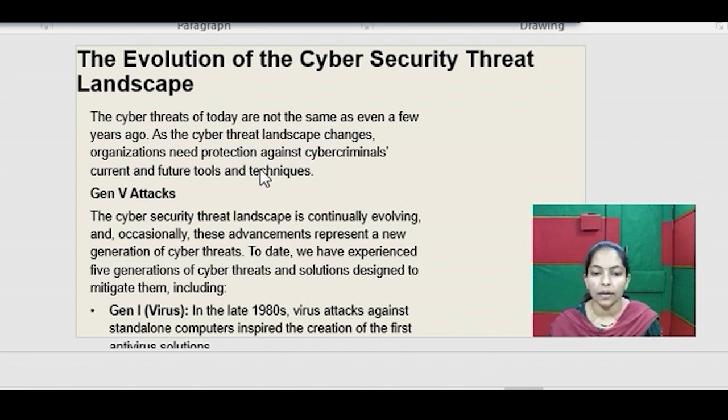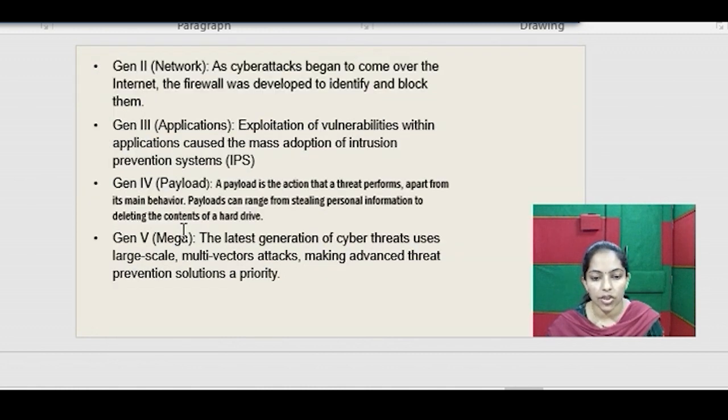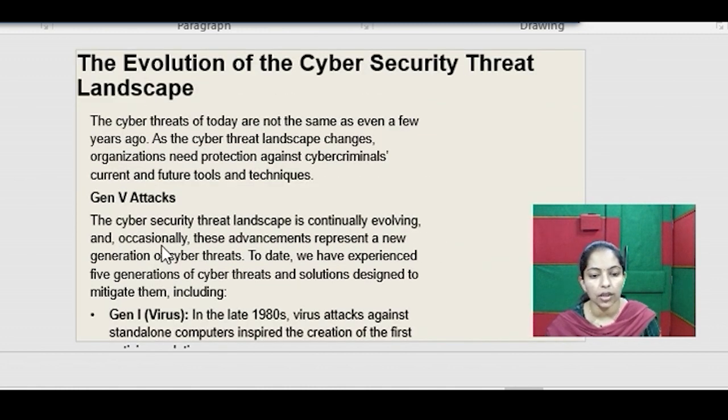As the cyber threat landscape changes, organizations need protection against cyber criminals' current and future tools and techniques. We are in the 5th generation of attacks now. There are a number of generations in the evolution.